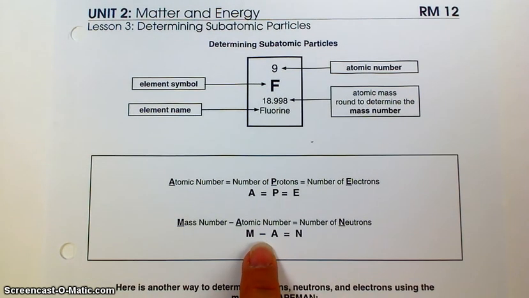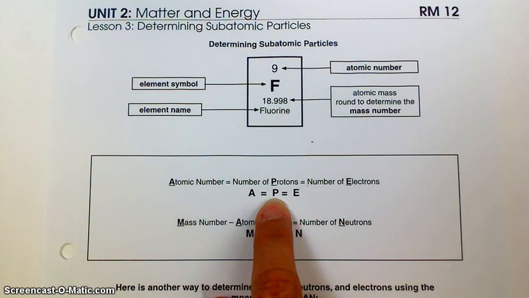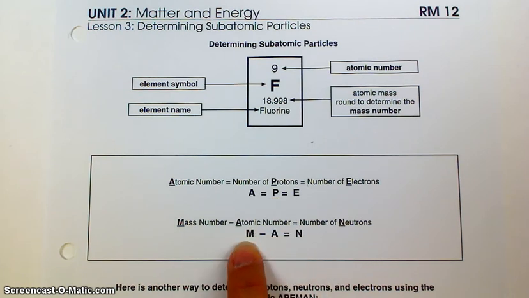Then we can use the man portion of the mnemonic device to remember that mass number minus atomic number gives us the number of neutrons. Or, working backwards, the number of neutrons plus the atomic number, which is the number of protons. Neutrons plus protons gives us mass number.